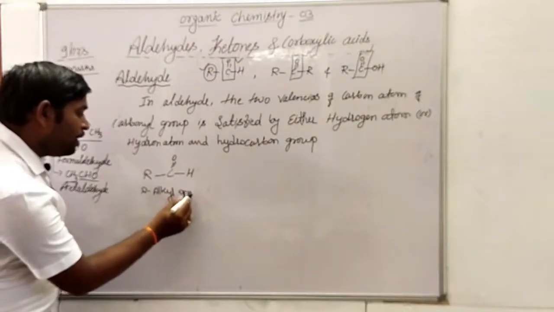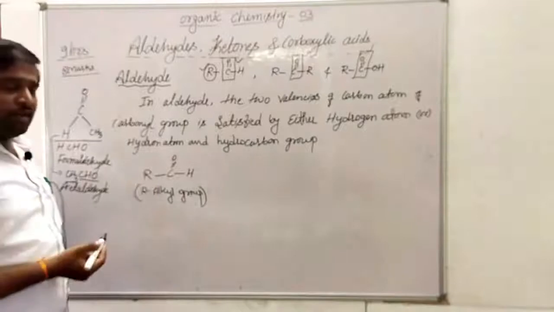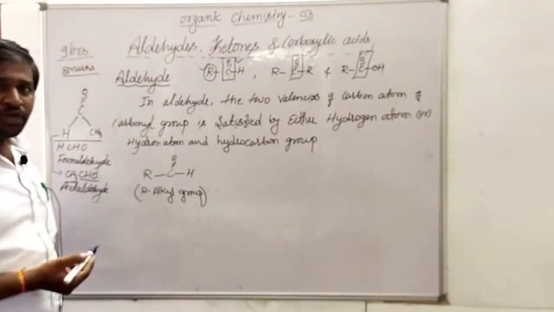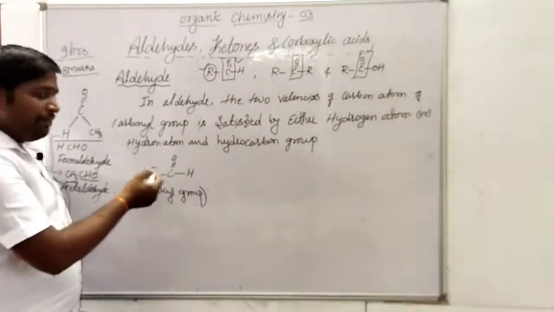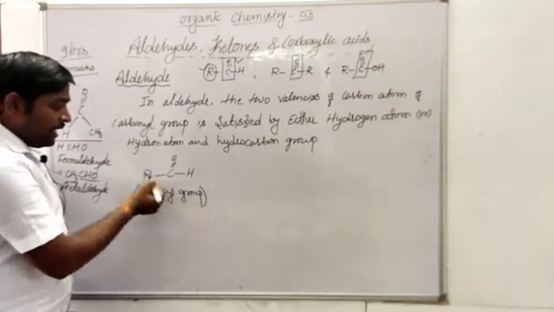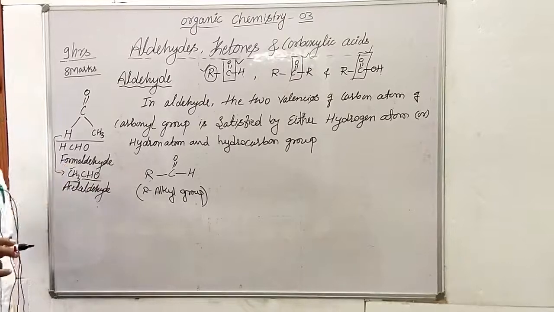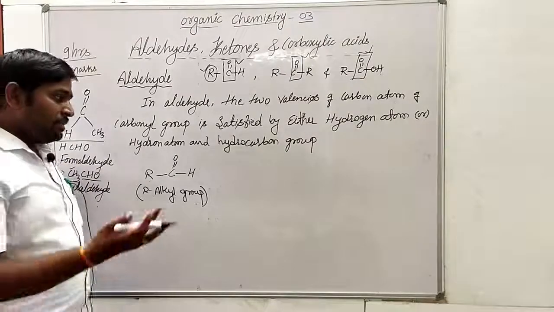Or it may also be considered as an aryl group, and benzaldehyde will form. If we consider an alkyl group, we get a carbaldehyde. If CH3 is present, that forms acetaldehyde, or ethanaldehyde, propanaldehyde, butanaldehyde, etc.